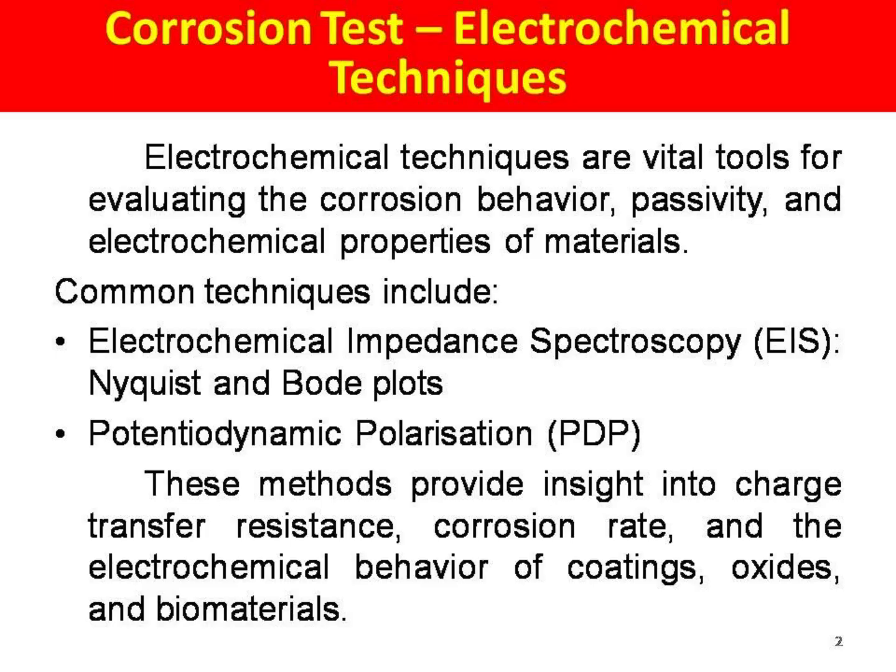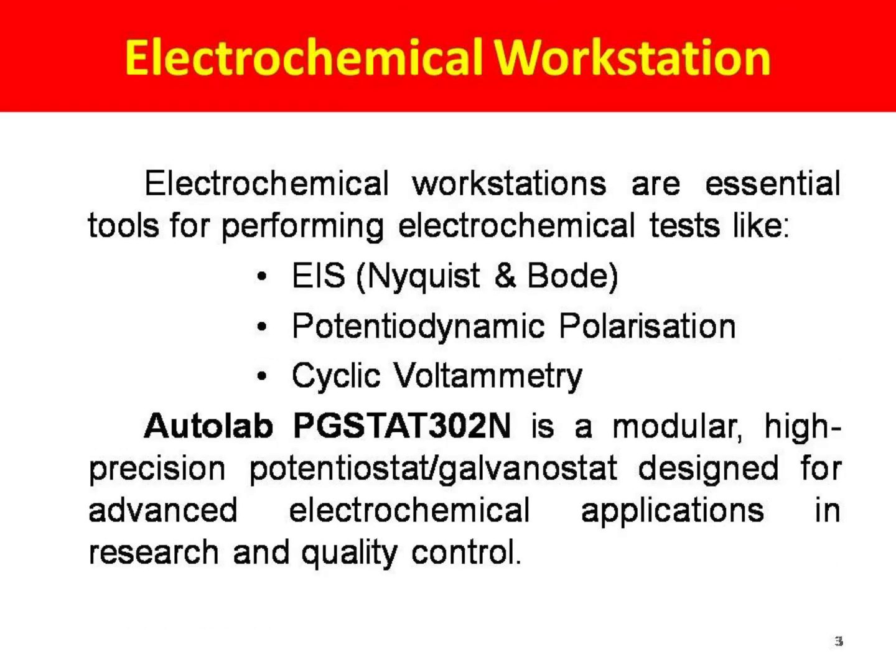The techniques include electrochemical impedance spectroscopic studies, that is, you can plot Nyquist and Bode plots, and potentiodynamic polarization studies. These methods provide insight into charge transfer resistance, corrosion rate and electrochemical behavior of coatings, oxides and biomaterials.